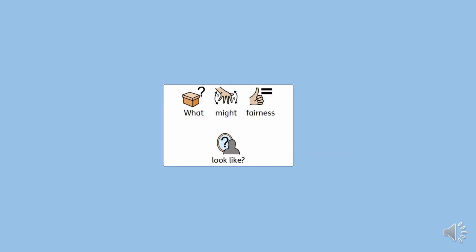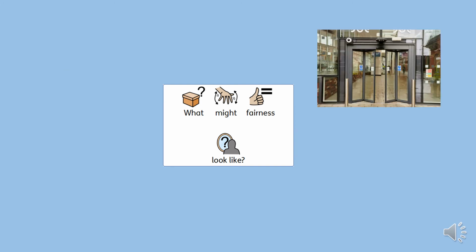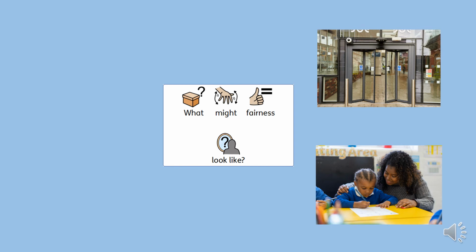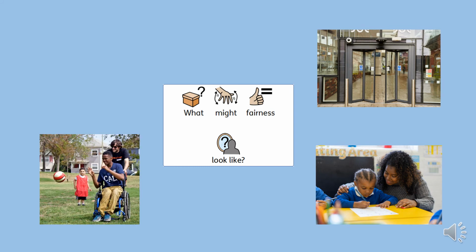Here are examples of what fairness might look like. It could be automatic doors going into a shop to make sure that everybody can get in there easily. It might be somebody needing a bit more help with their work than others, so that they can have the same chance of succeeding. It might be adapting sports or changing things so that everybody has a chance to participate.